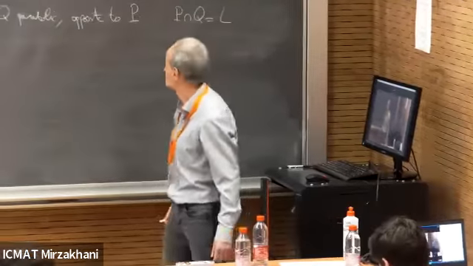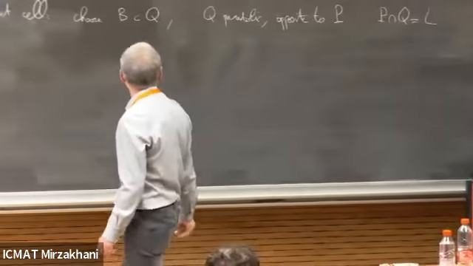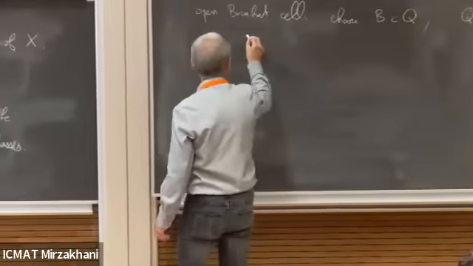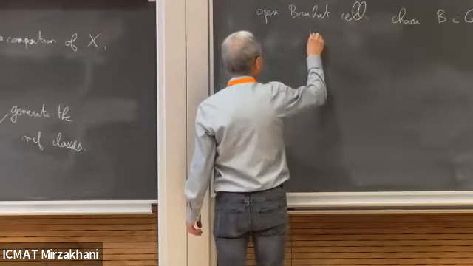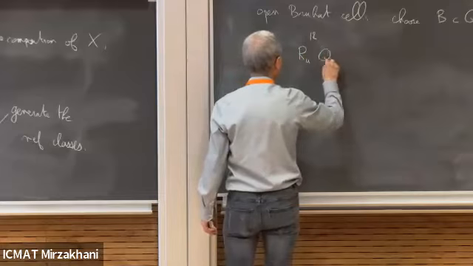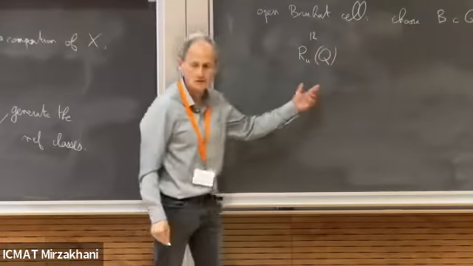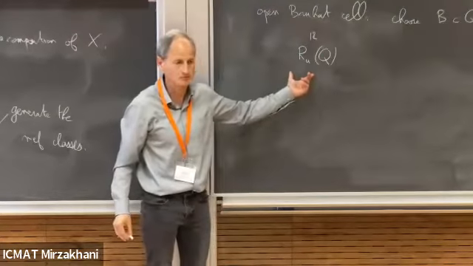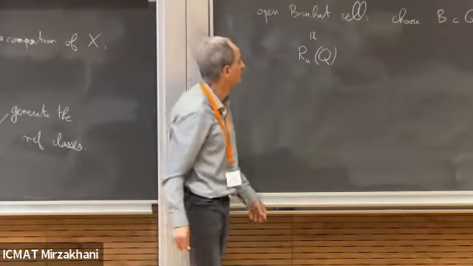That's the definition of opposite. And now the open Bruhat cell is just isomorphic to the unipotent radical of this Q. That will be my notation for unipotent radical.